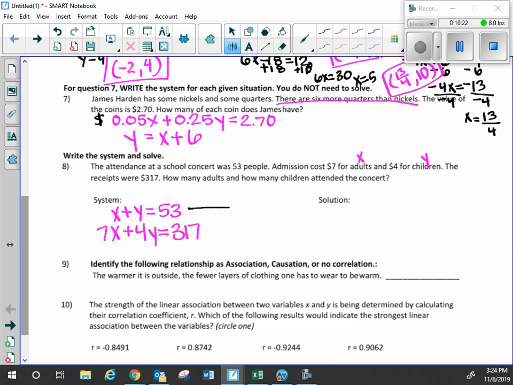I'm going to multiply this by -4. I shouldn't have used that. Times -4. So -4x minus 4y equals -212. And your second equation is the same.